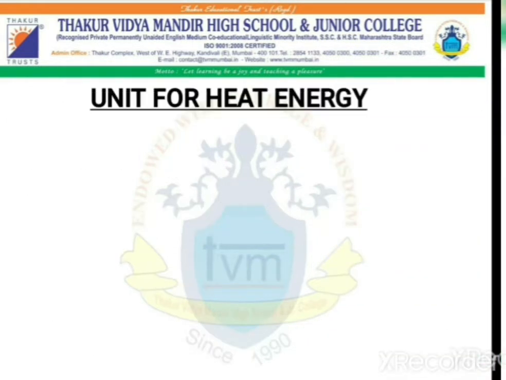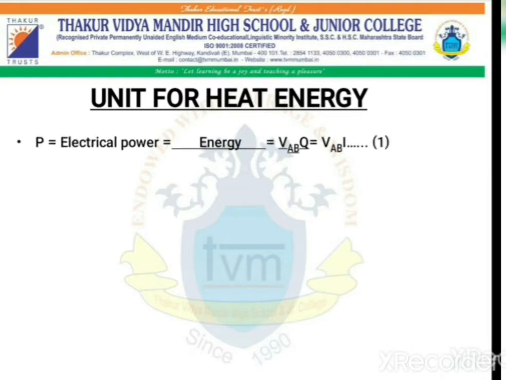Here, the relation between the heat and the energy is given as P equals electrical power, that is energy, upon time required. It is the same definition which we have seen earlier. Power is defined as the rate of doing work, that is work upon time. And work, as we have seen earlier, is given by VQ, that is energy, V_AB into Q upon t.